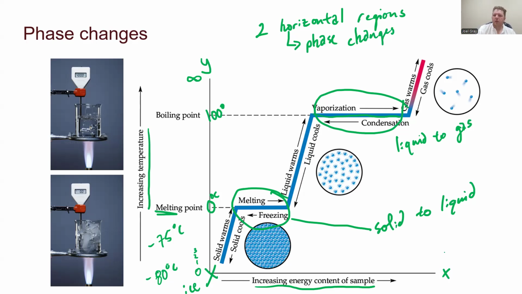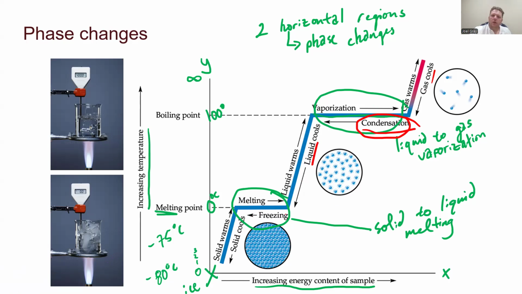Now, when we're going from a solid to a liquid, that is known as melting. Going from a liquid to a gas, that is known as vaporization. Water becomes water vapor, hence vaporization. Now, if we look at these in the opposite direction, a gas goes to a liquid, that's in a process known as condensation.